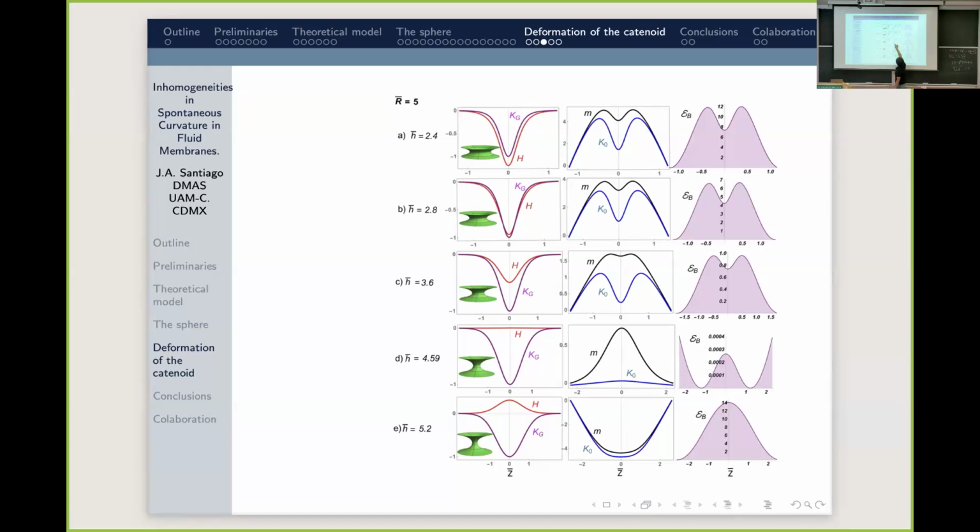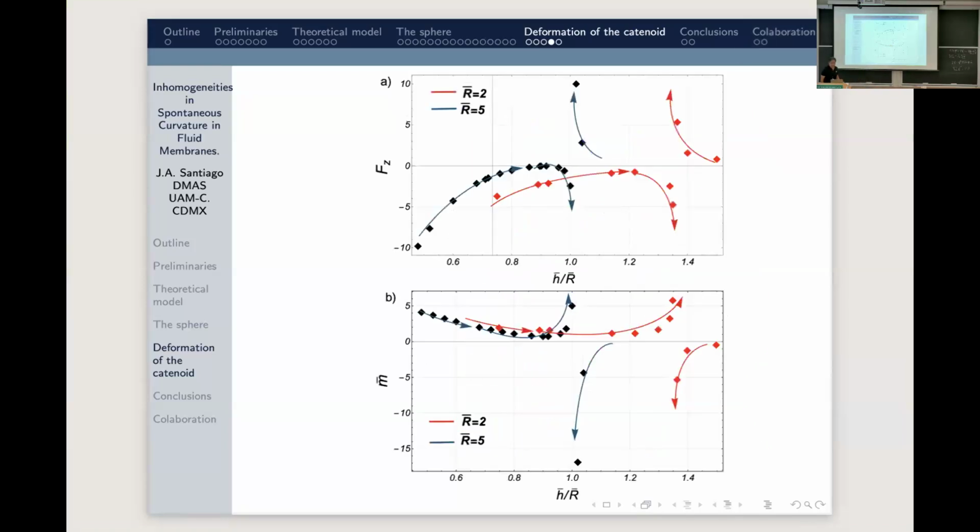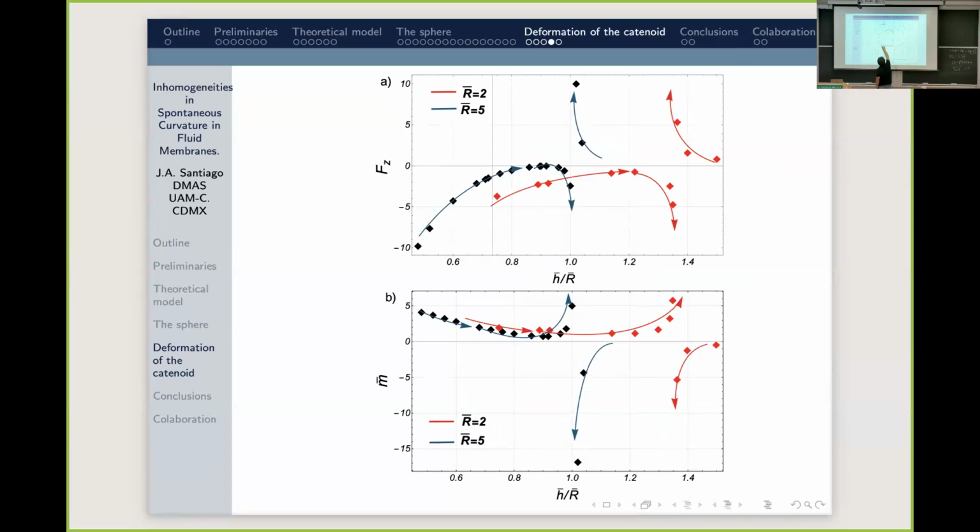Now we have this other behavior here, the waist of the membrane. Of course, in this case, the vertical force is also very high along the critical line, right?